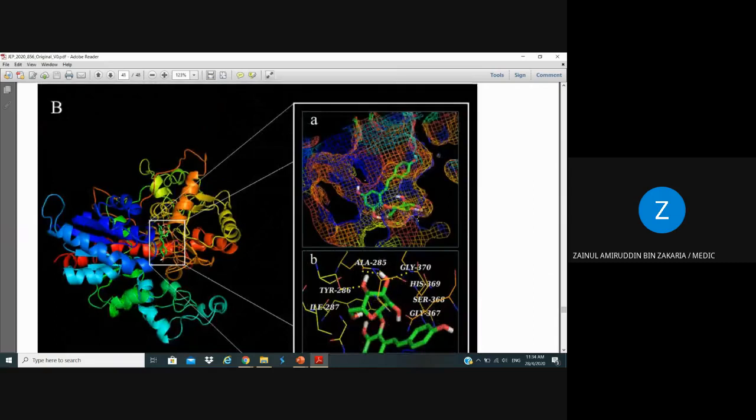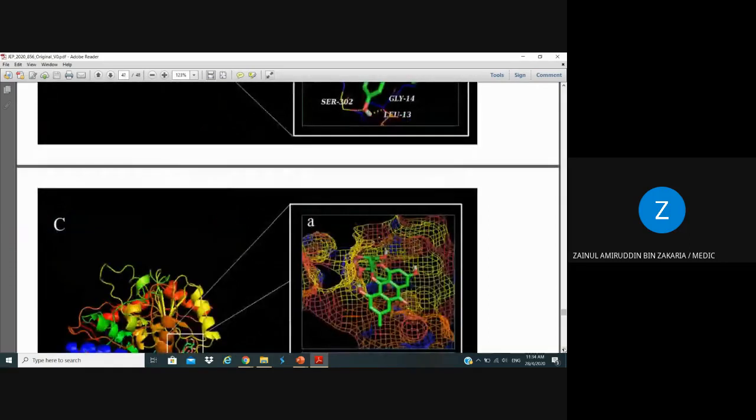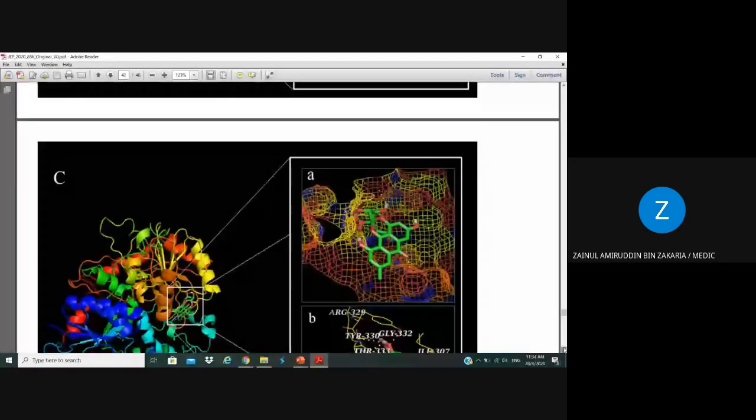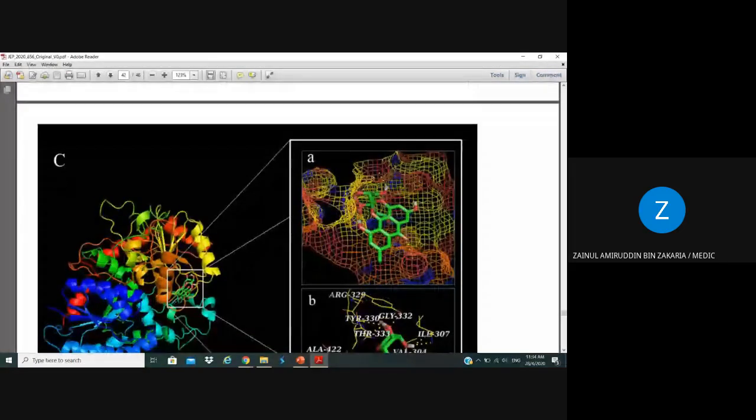This part, Dr. Farah is doing with Perdana University. I'm doing with a university from Saudi Arabia, Imam Abdul Rahman University. So you can predict the binding of your compound to the UGT1A1 enzyme.